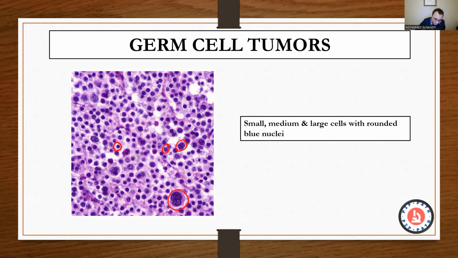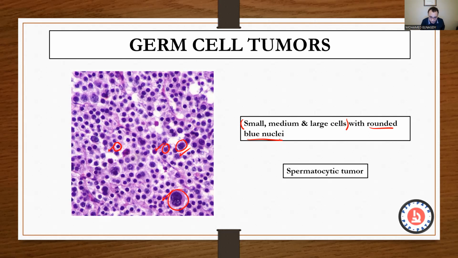See, this has a rounded blue nucleus, this has a rounded blue nucleus. So cells with rounded blue nuclei and of varying sizes, small, medium, or large, you're dealing with spermatocytic tumor.